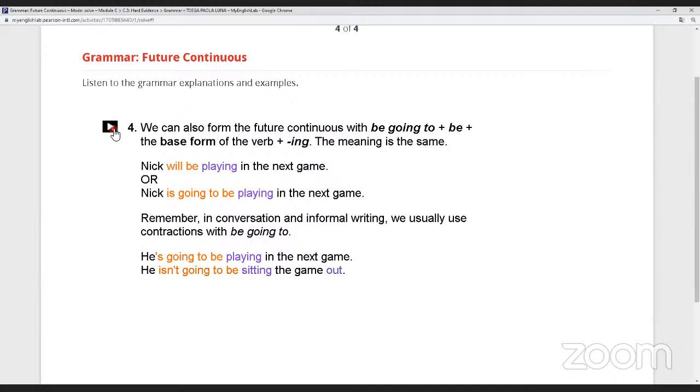Okay. Something that we have to know in this tense, because it's a continuous form, is that it's not that relevant whether we use be going to or will, okay? Because again, we focus on the progress of an action.